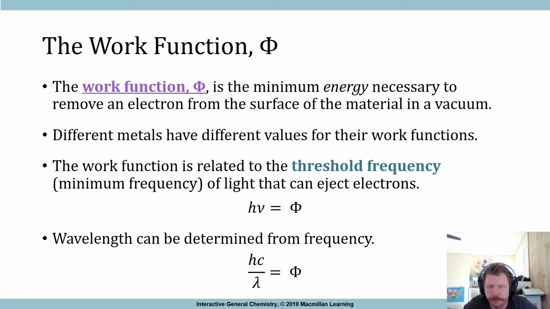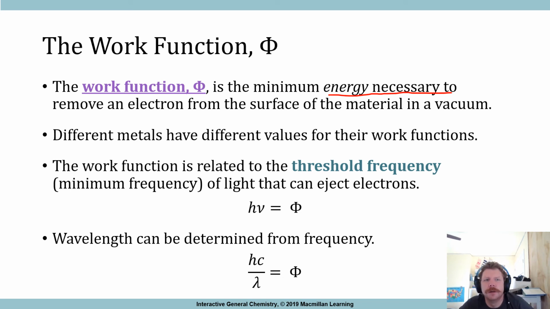Okay, so once you've seen a correlation between frequency and energy, we get into the work function. The work function is the minimum energy necessary to remove an electron from the surface of a material in a vacuum. Think about shining blue light versus red light at a substance. Will blue light eject an electron, or will red light do it, or will they both?